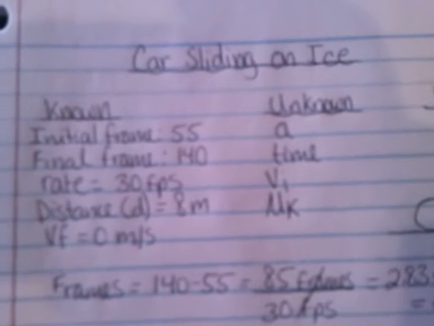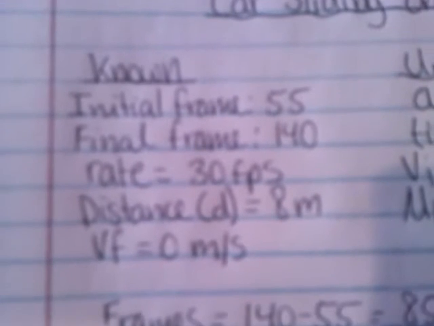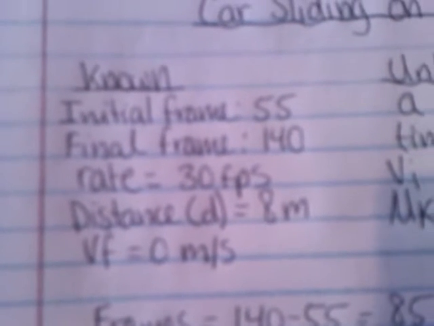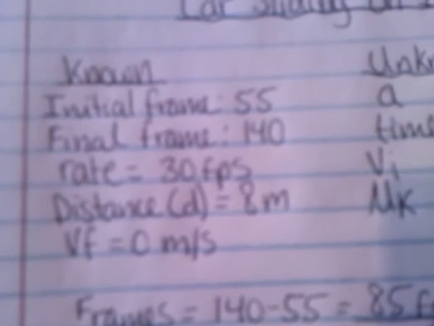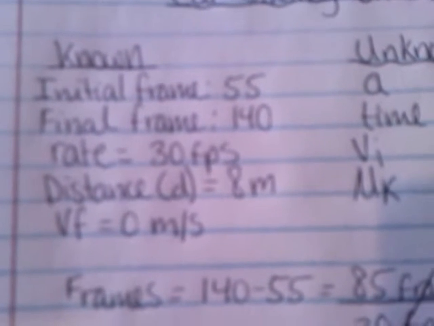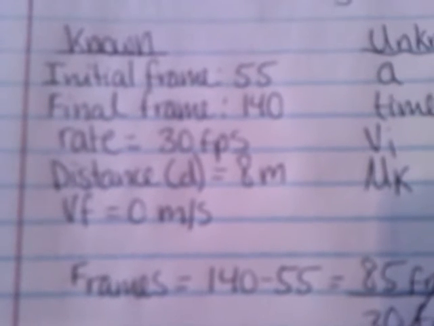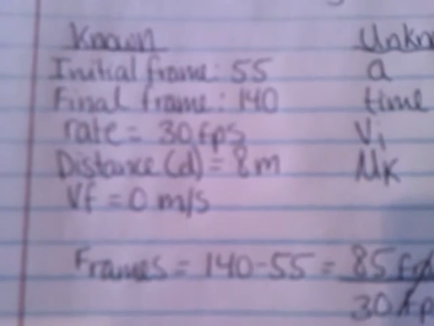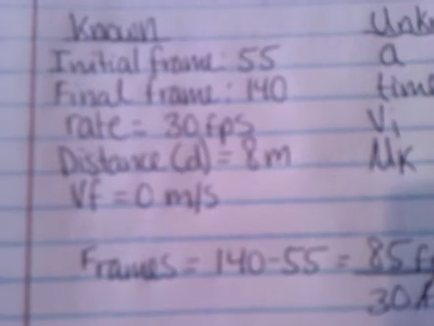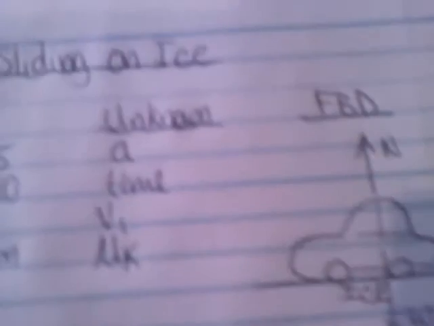Then I went on to do the same thing, but this time for the car's tires and the ice. Again, I started by listing all our knowns. The initial frame, the final frame, and the rate were the same, 30 frames per second, but this time the distance that the car slid across the ice was 8 meters, and of course the final velocity was 0 meters per second, because the car came to a stop.